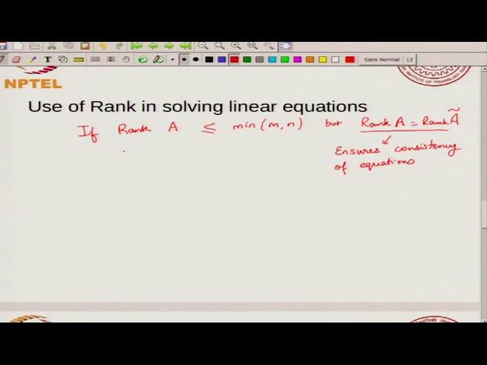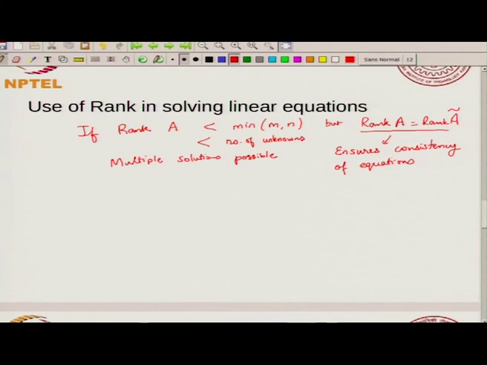That means some equations are actually dependent on the others, and what that means is that you can have multiple solutions. So if the rank of A is less than the number of unknowns, and I meant to say it should be strictly less, then you have multiple solutions possible.